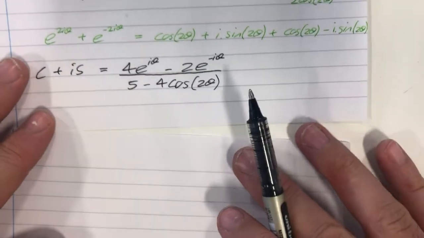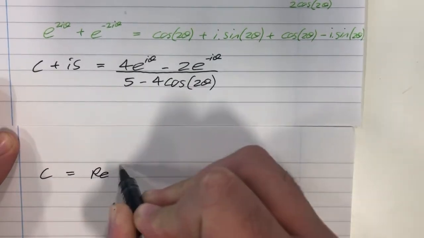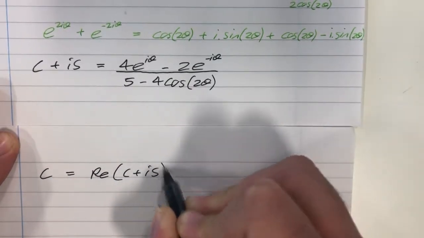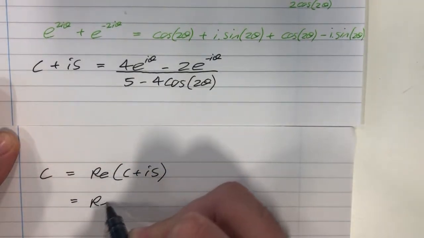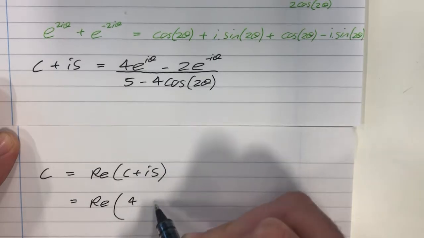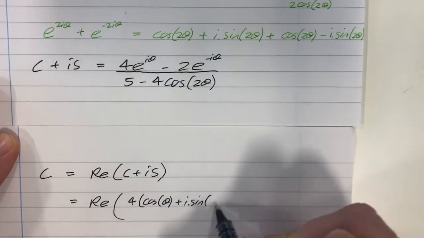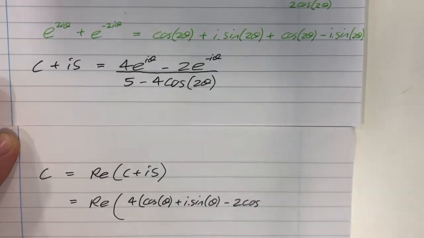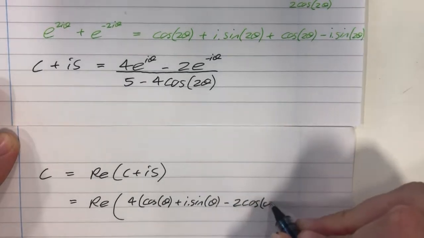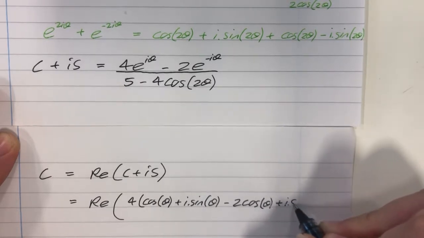Let's keep those on the screen. There we go. So C is the real part. And we know that this is equal to 4 into cos of theta plus i times sine of theta, minus 2 cos of theta plus i times sine of theta.